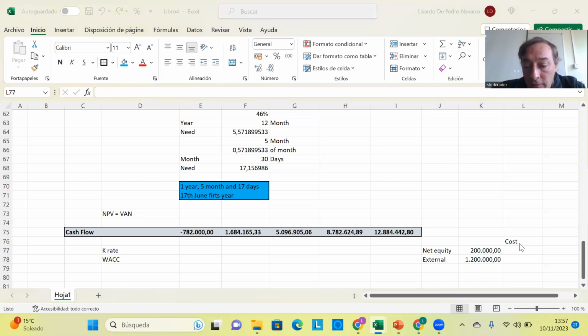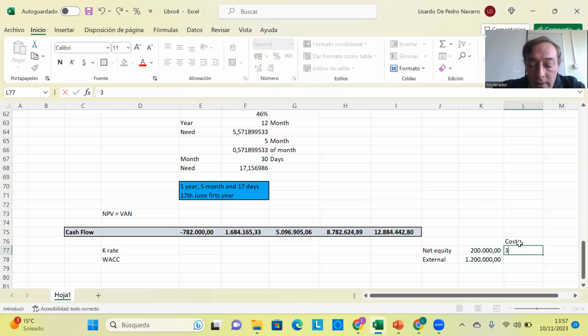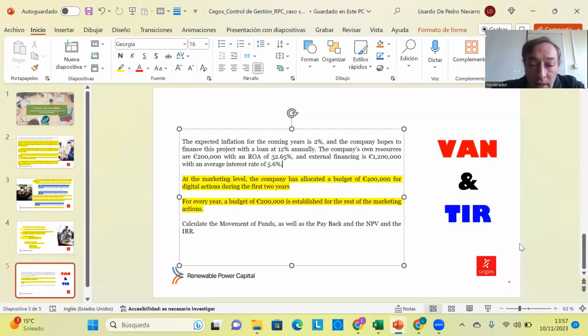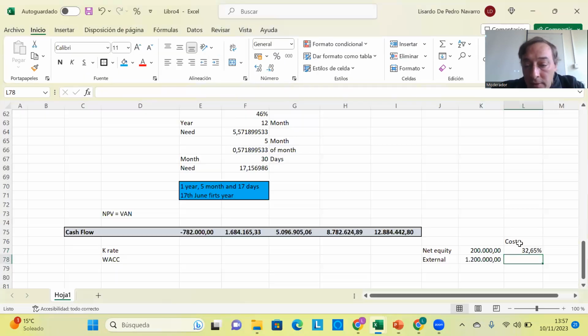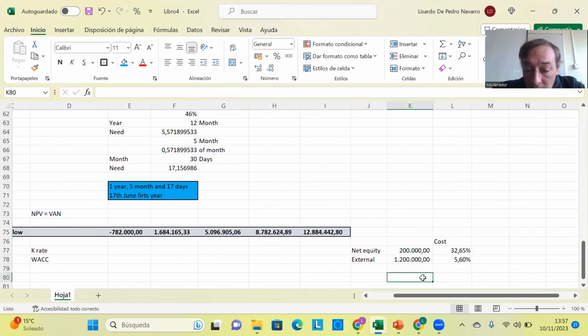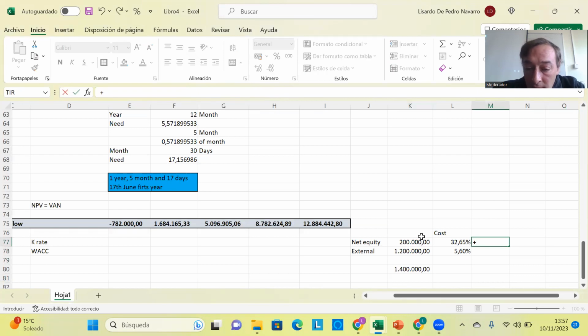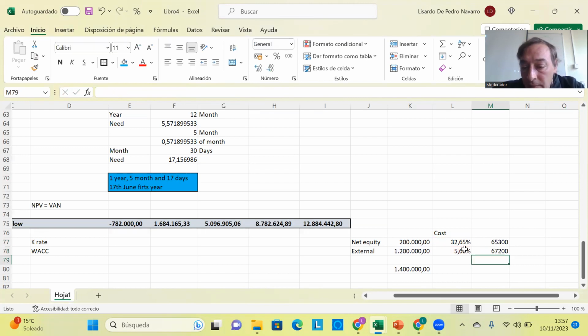Cost for the internal one is 32.65%, and for the external one is 5.6%. So we can calculate here, this is the total, and we can calculate 200,000 by this one, and 1 million by this one.